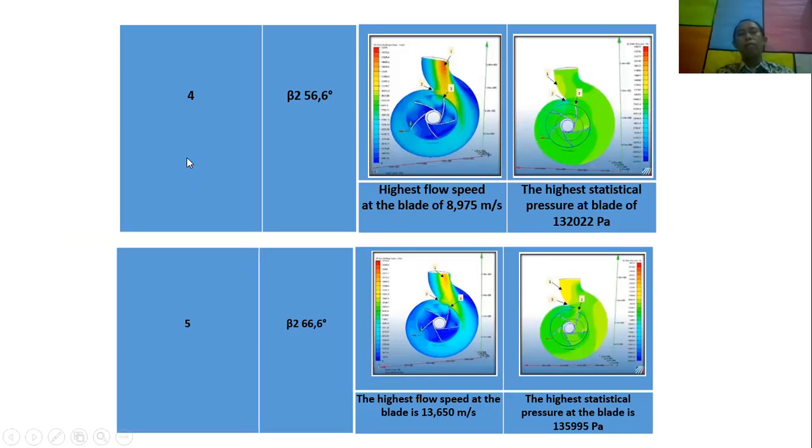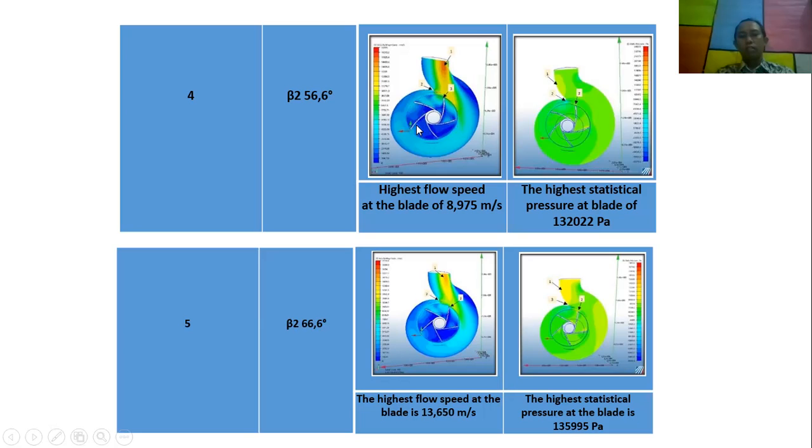And number 4, with angle 56.6, higher flow speed at the blade of 8.975 meter per second, the higher static pressure at the blade of 13.022 Pascal. Here, it is very homogeneous.